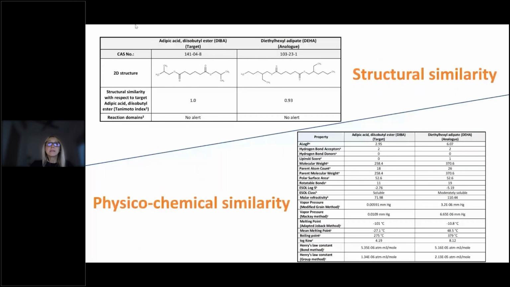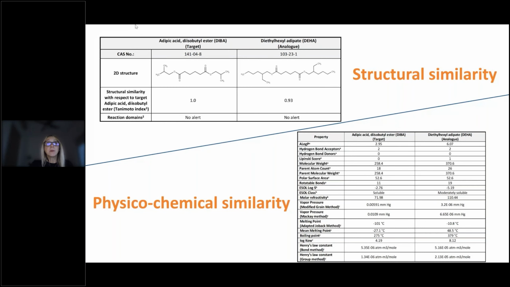In this slide, you can see how structure similarity and physico-chemical similarity can be performed. On the top of this slide, you can see a table where we compare the structure of the target with respect to the one of the analogue.